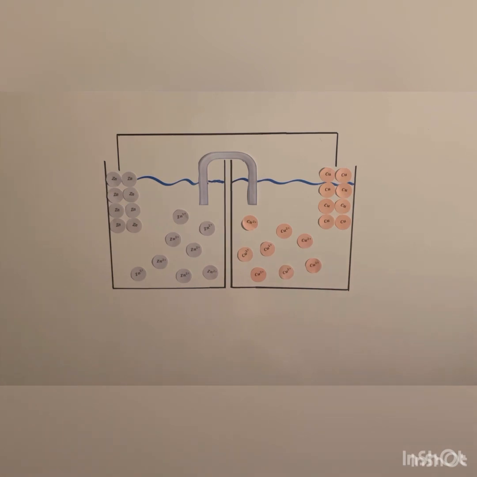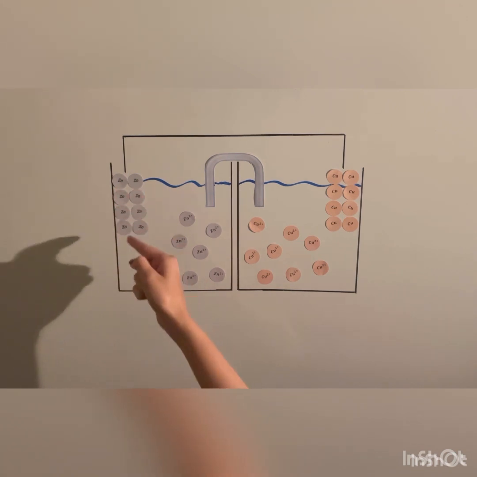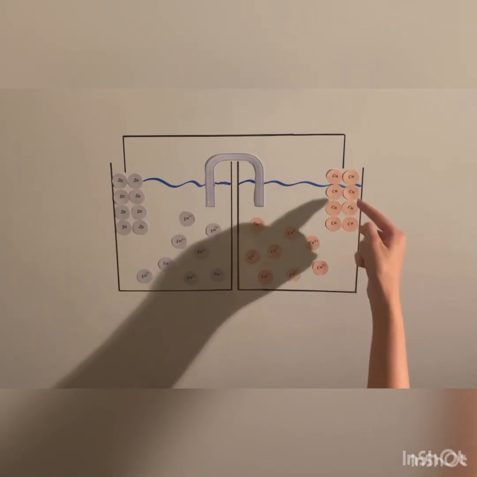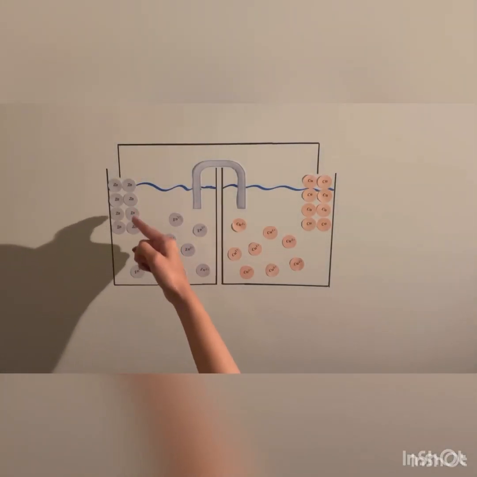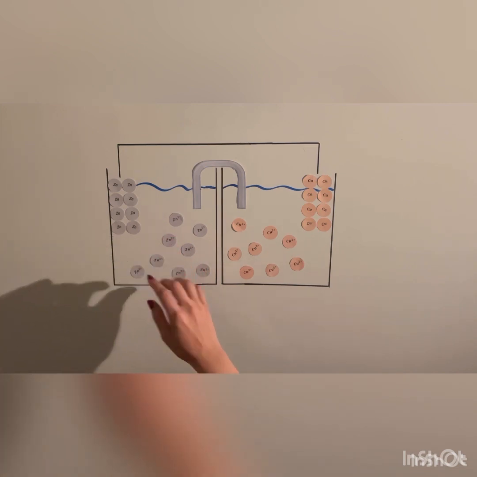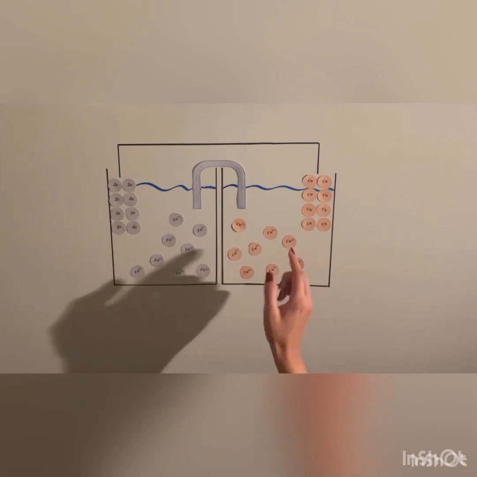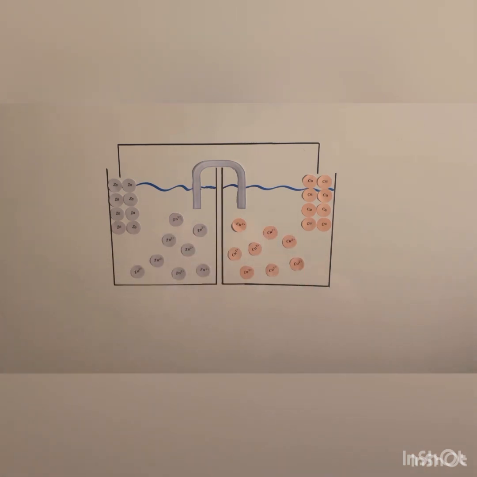This is a magnification of different parts of the galvanic cell. This is the zinc electrode, and this is the copper electrode. This is the edge of the zinc electrode with some zinc ions dissolved in the solution, and the edge of the copper electrode with some copper ions dissolved in the solution.